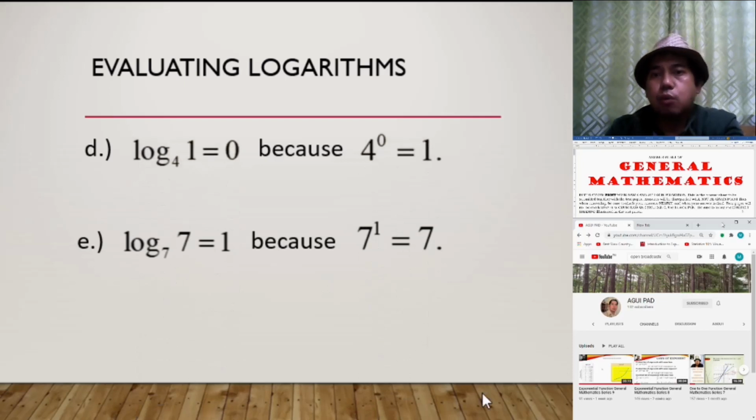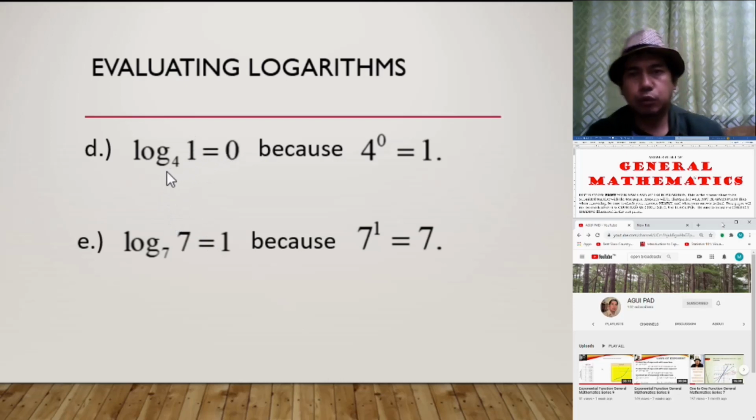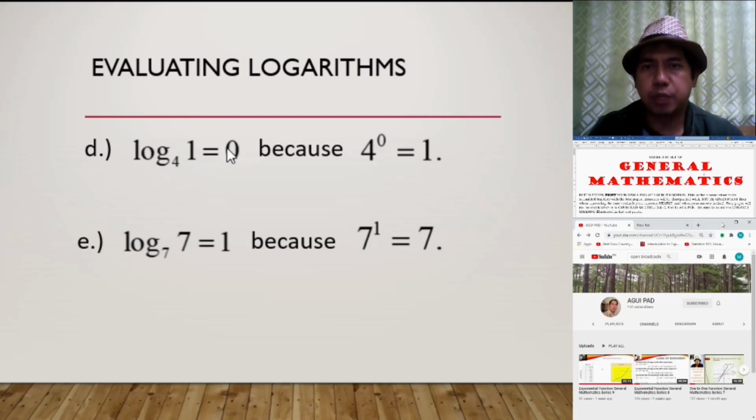Next, we have in here log of 1 with a base of 4 is equated to 0. So you will notice our y in the logarithmic form is 0. We have said a while back that your y will always be our exponent, okay? And our 1 in the logarithmic form is always the result.